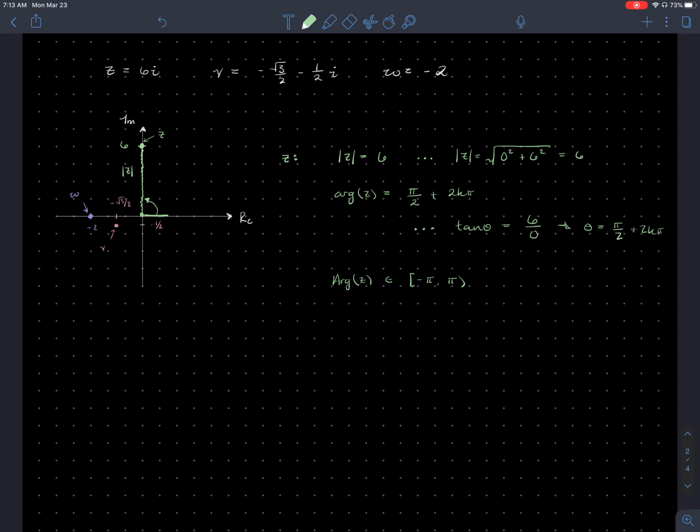I could not remember whether it included negative pi or whether it included pi, so I needed to look that up real quick.